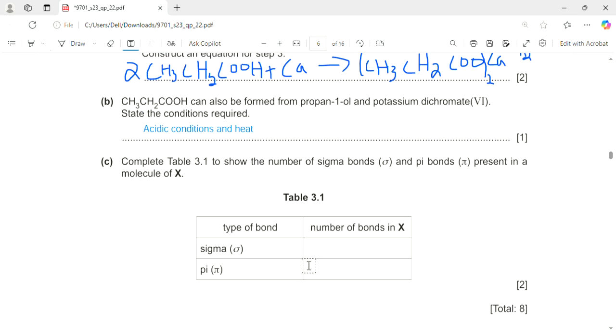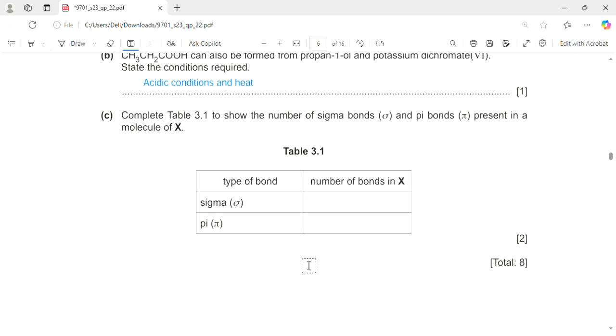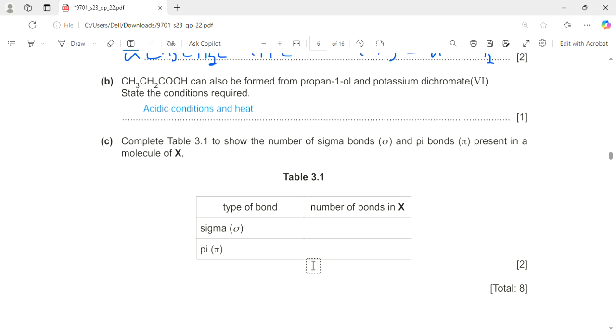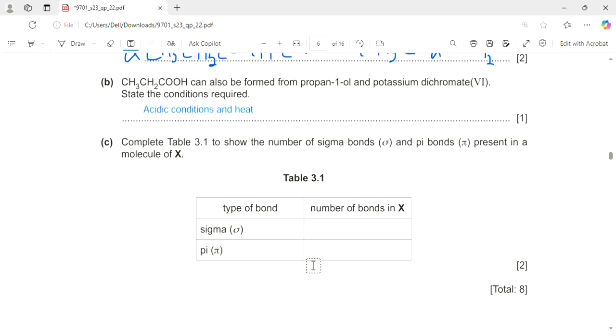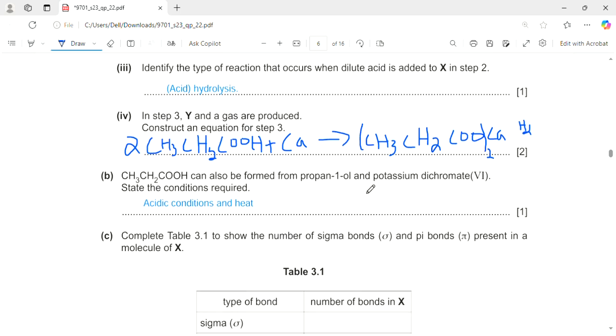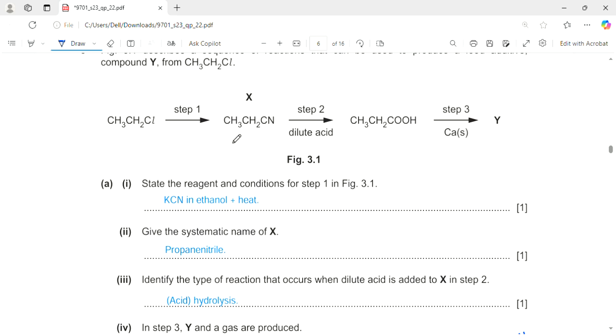Now this is the last part of question number three. Complete table 3.1 to show the number of sigma bonds and pi bonds present in a molecule of X. How many sigma bonds and how many pi bonds are there in the molecule of X, which is propanenitrile?